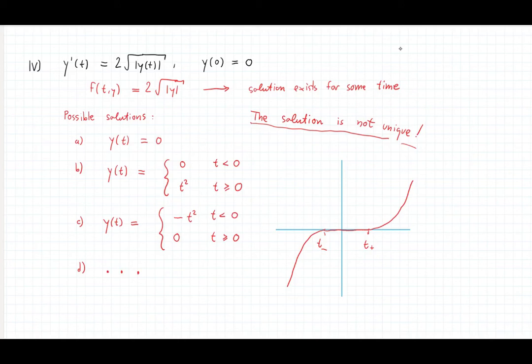So indeed, if you take a look here at the right-hand side, which can be written as a function f of y equal to 2 times the square root of the absolute value of y, one can show that this does not satisfy the continuity condition.